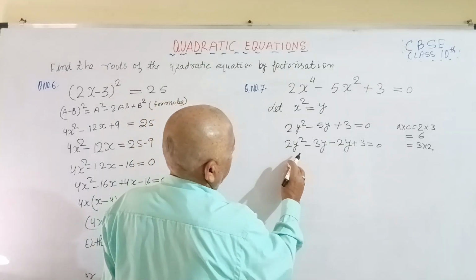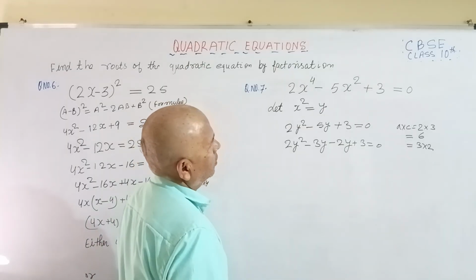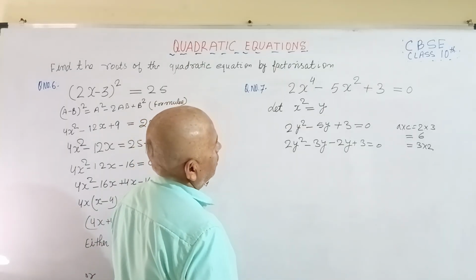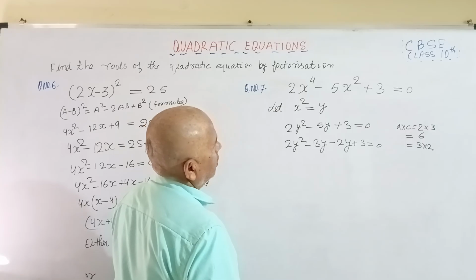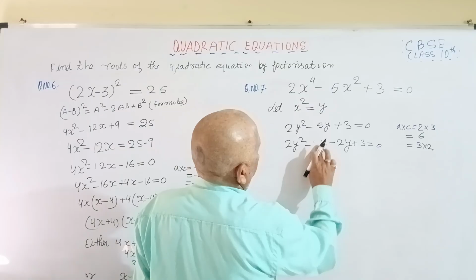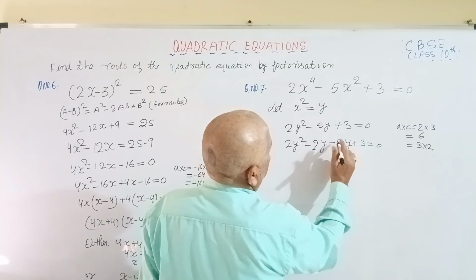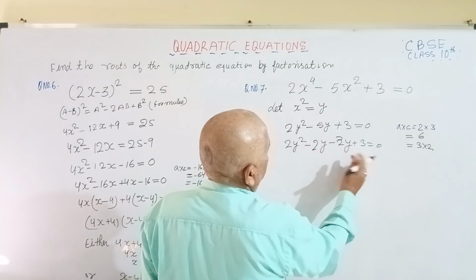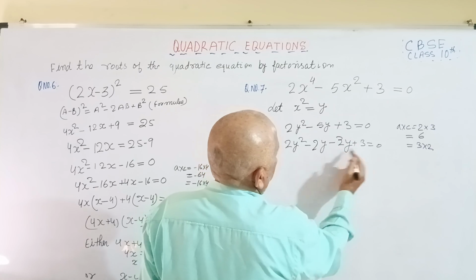Now I will write like this, minus 2y minus 3y, so that it will be easy to take common.